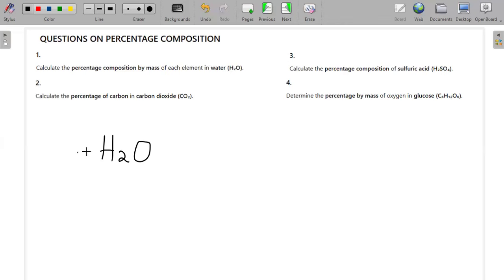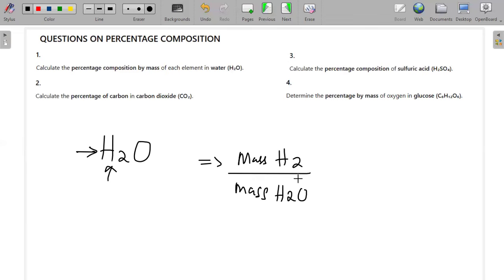So if I want to find the percent composition of hydrogen here, I'll say the mass of the hydrogen present in the water, I can see 2H there, divided by the mass of the entire compound, which is water, and then multiplied by 100. Whatever answer I get will be the percentage composition for the hydrogen in water.